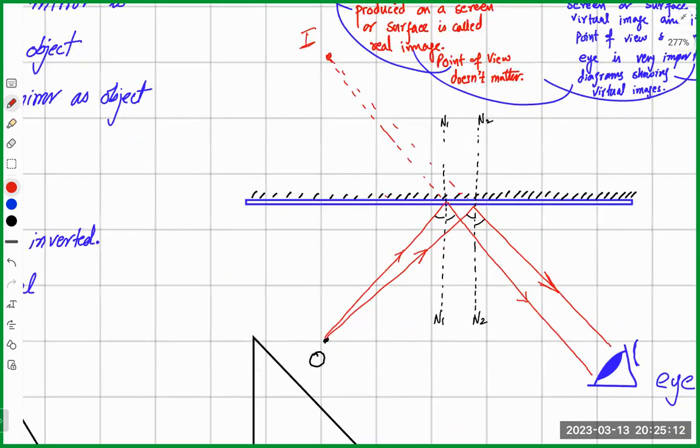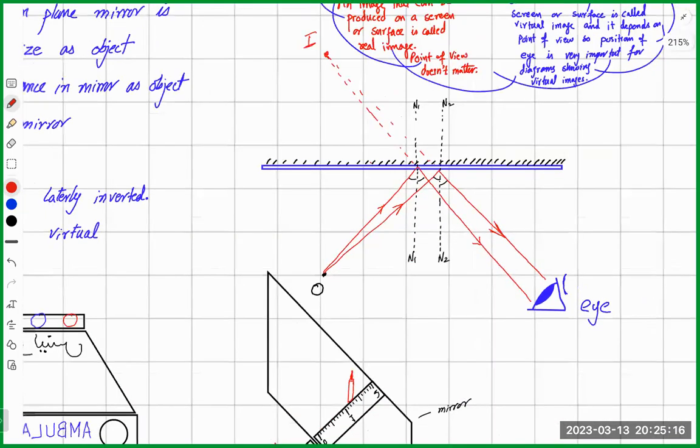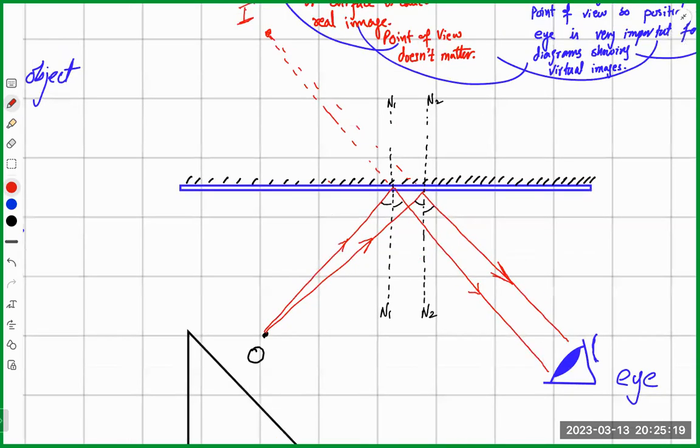For example, look over here. There is this object O, which is placed in front of the plane mirror. Because this object is 2.5 boxes away from the mirror, the image will be 2.5 boxes inside the mirror.